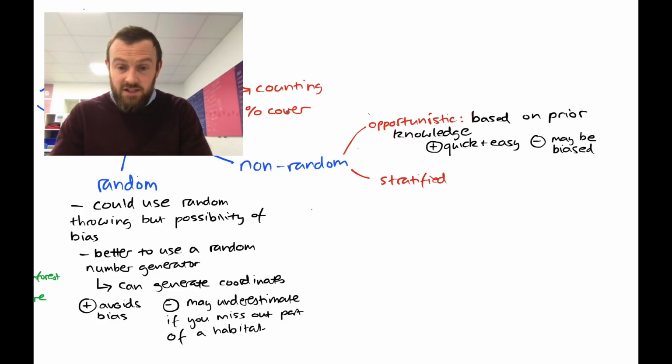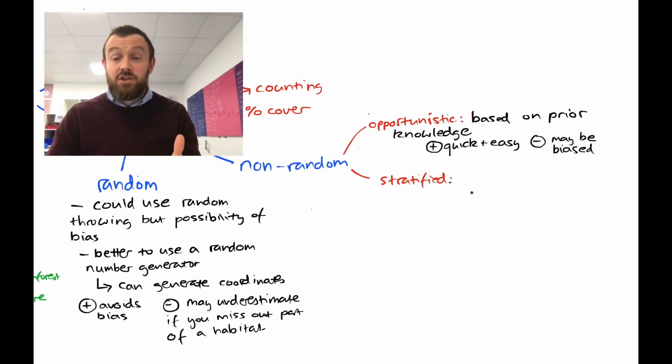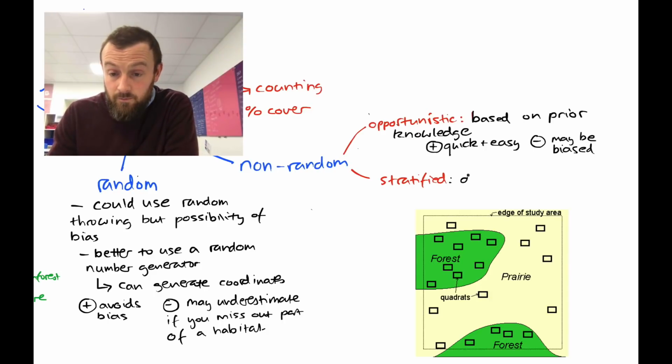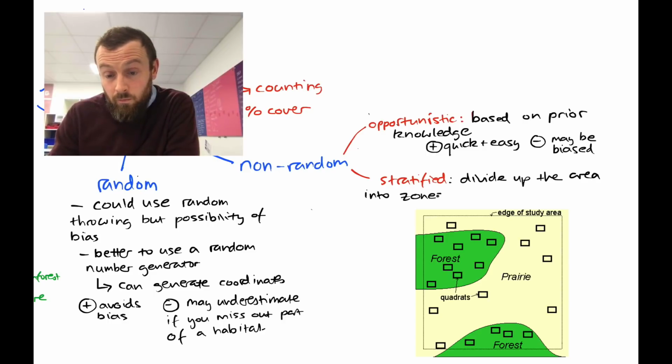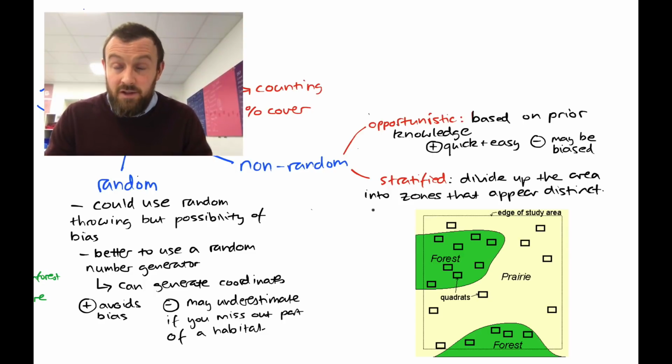So what is stratified sampling? Well, this is when you divide up the area into zones that appear distinct. And then what you do is you sample all the areas.